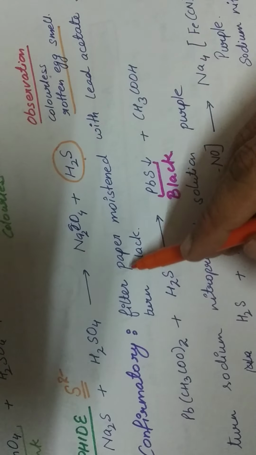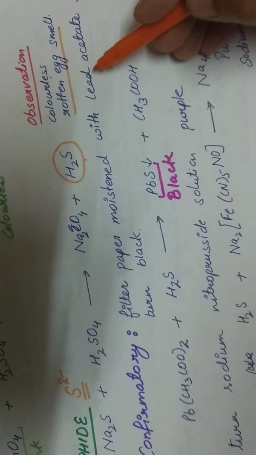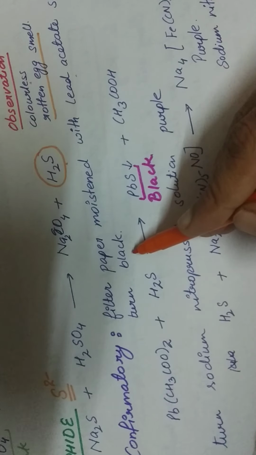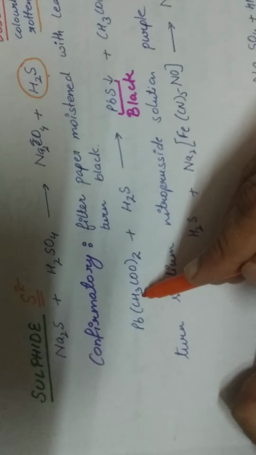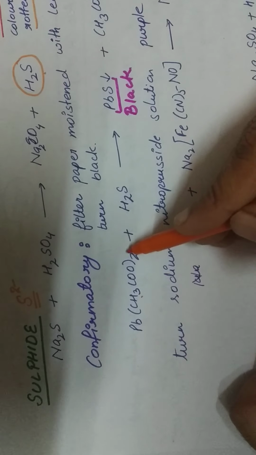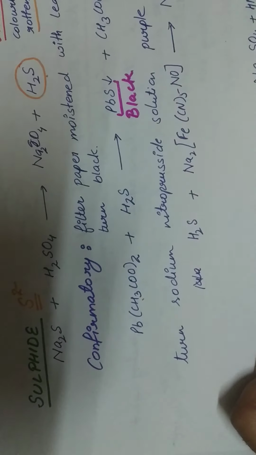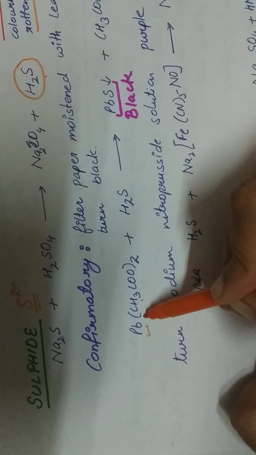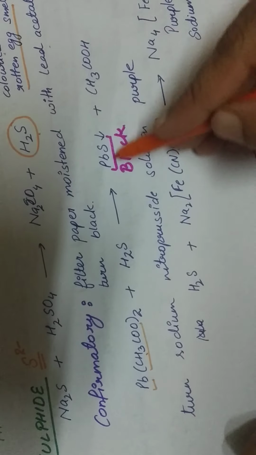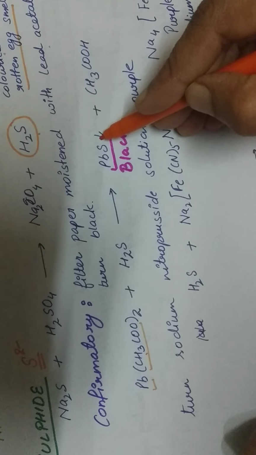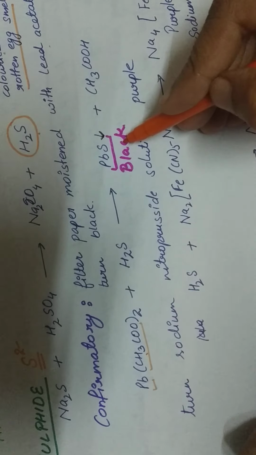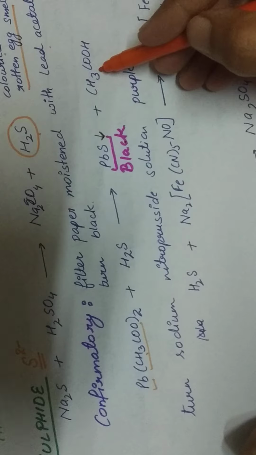Now the confirmatory test: filter paper moistened with lead acetate solution turns black. So this is lead acetate. You can write Pb here also twice, but the cation is written first, so this is the anion part. Now PbS is formed, a precipitate that is black colored. Lead sulfide is black in color.